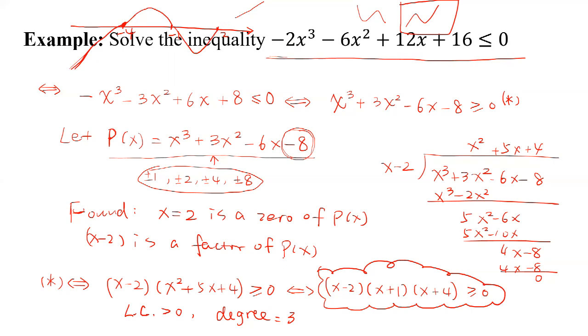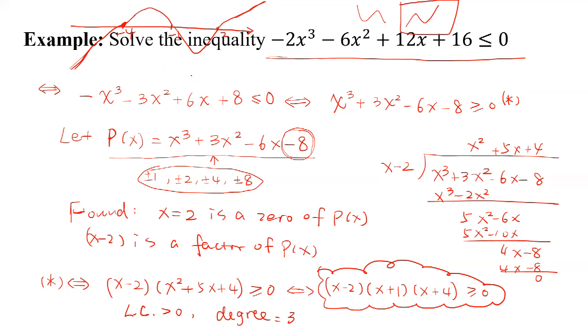X being 2 also has an odd order, so the function will change its sign, then extend all the way up in the first quadrant. So the function will have a pattern like this.